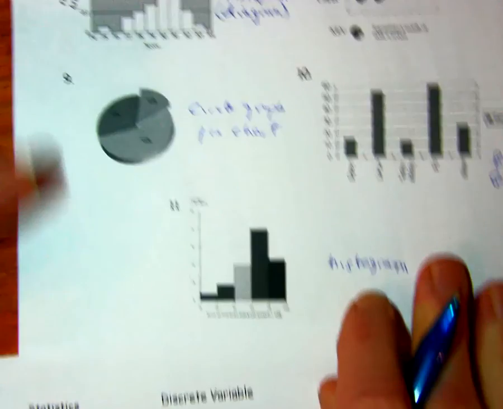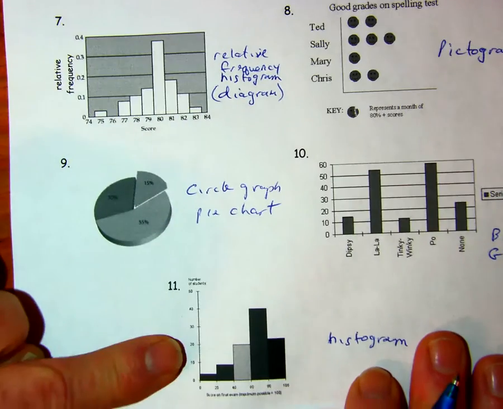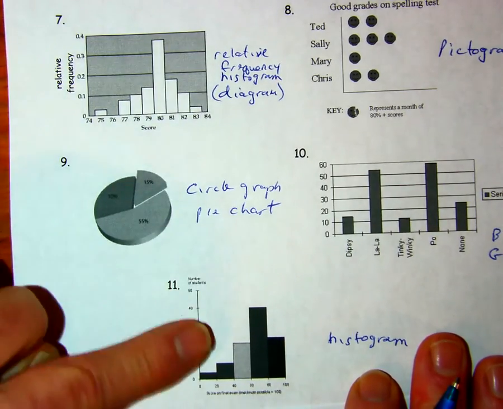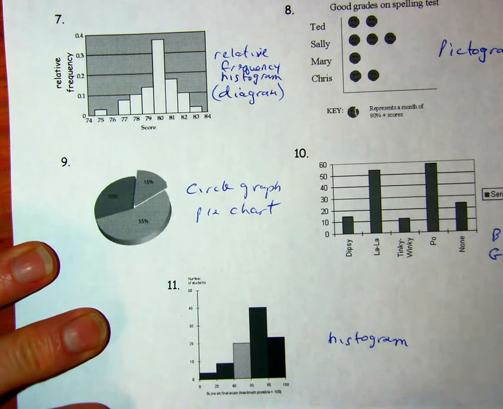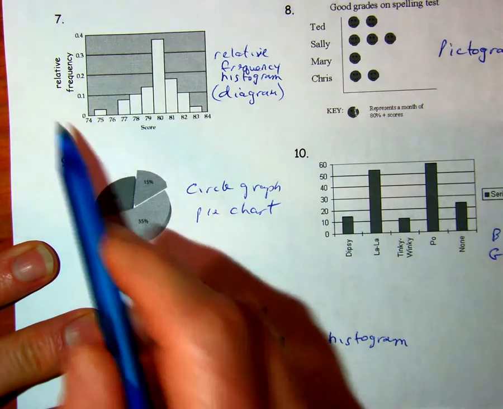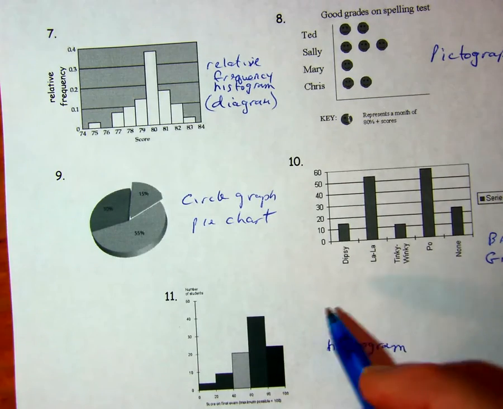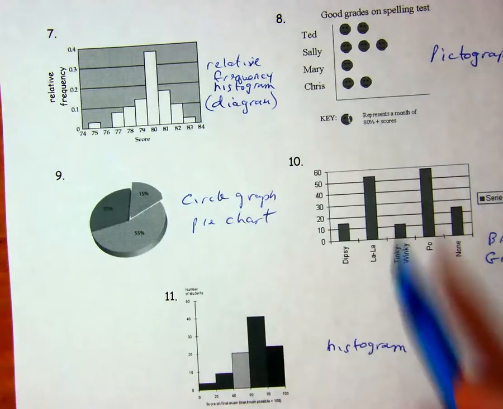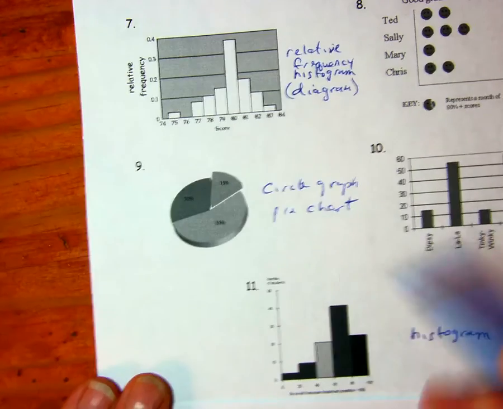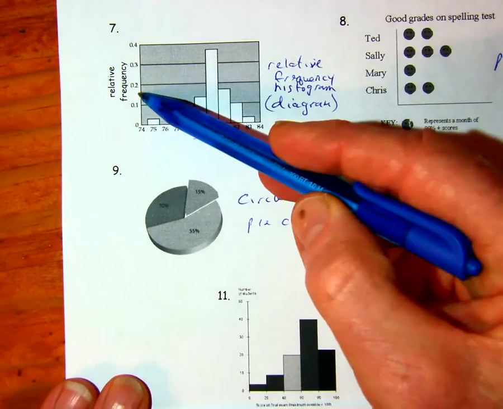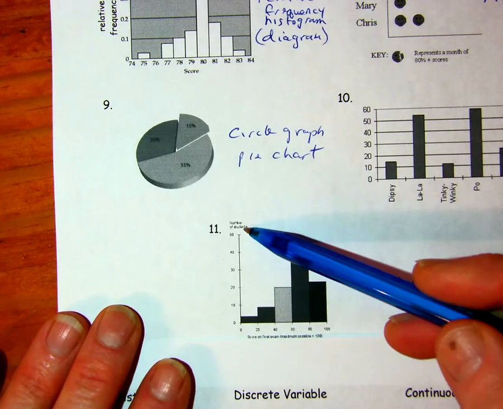But the difference between this one and this one, what's the difference between these two? So this says... one of them is discrete data, the other one isn't. I think they're both discrete. The test scores would probably be discrete. But no, it's the y-axis, right? This is relative frequency, where this says number of students.